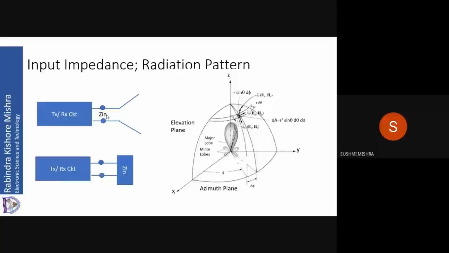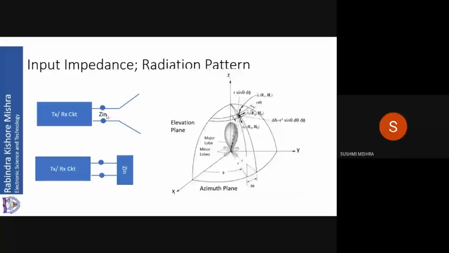Then we defined what is the elevation plane. Elevation means from the ground or from a plane you are lifting it up. So in this case, in the XY plane, we took the ground plane or horizontal plane, then we lifted it up to the Z axis. Therefore we elevated to the Z axis.